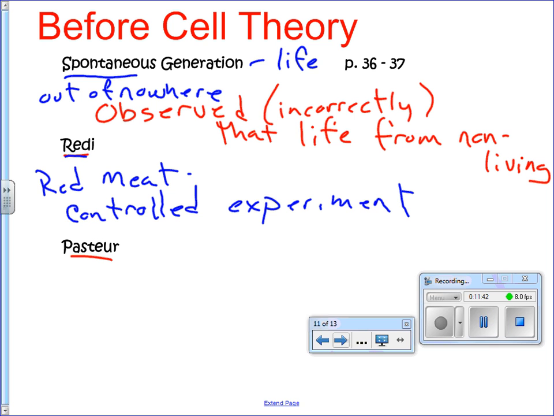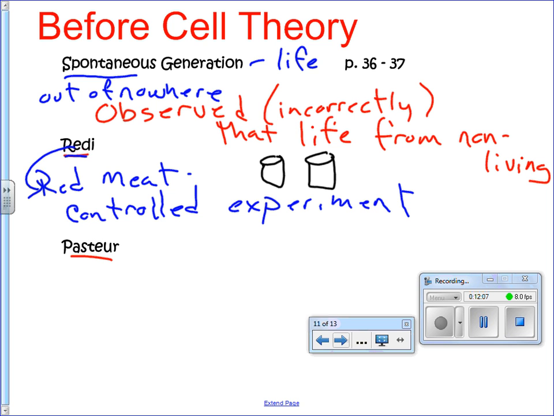So I remember Redi, because he did this kind of disgusting experiment with red meat, but he had one of the first very controlled experiments. So he actually had one jar that was open to the air so the flies could land on it, and he had another jar, and he couldn't just close up the top because then people said, oh, well, maybe it needed air.